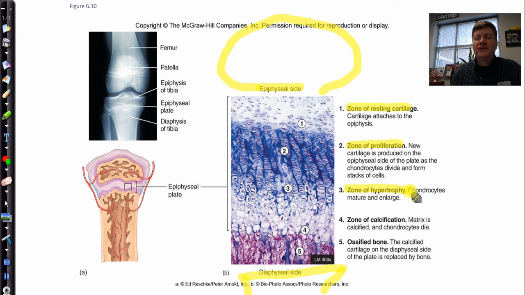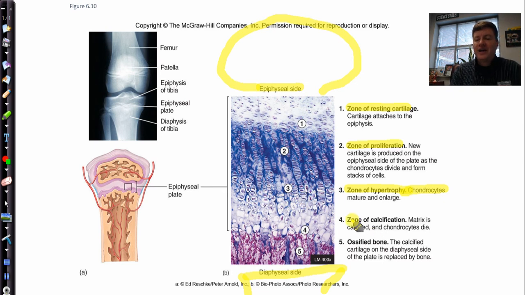The hypertrophic zone is going to be where these new cartilage cells, chondrocytes, are going to be elongating and enlarging. So notice our little stacks of discs are now bigger, more obvious discs in here. They're elongating, and once again, they're pushing.